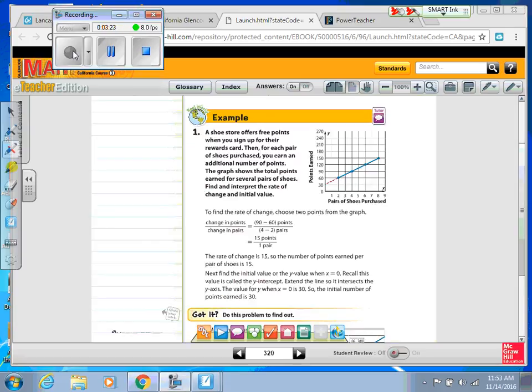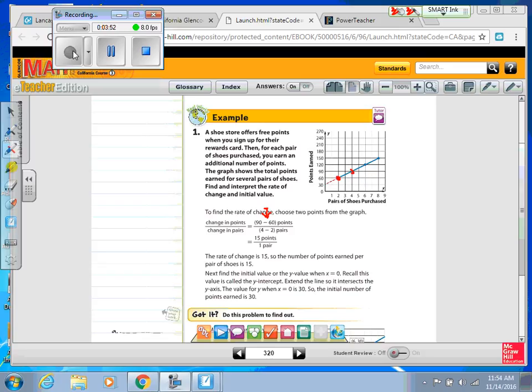In example 1, they have a shoe store offering free points when you sign up for a rewards card. And then for each pair of shoes purchased, you earn an additional number of points. So the graph shows the total points earned for several pairs of shoes. If we want to find and interpret the rate of change and the initial value, we're going to take 90 minus 60 points over 4 minus 2.